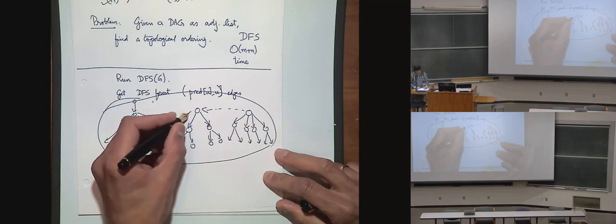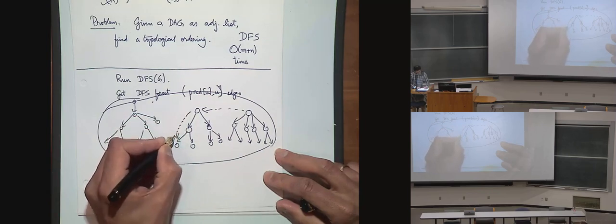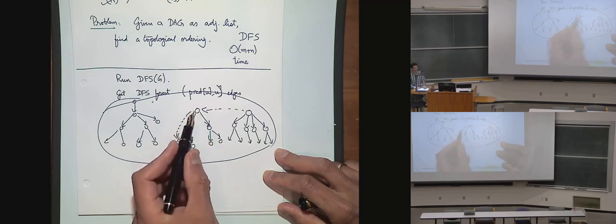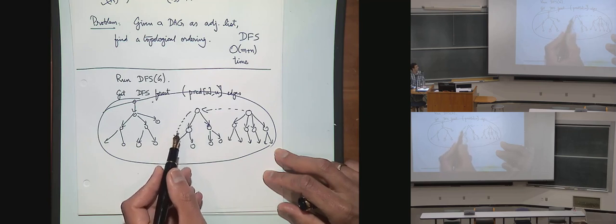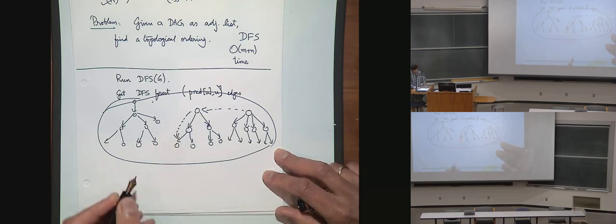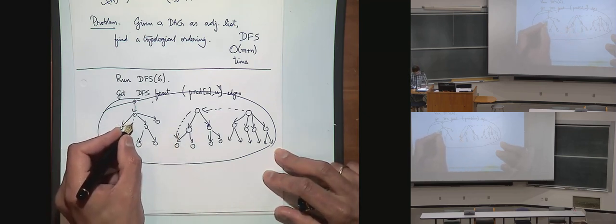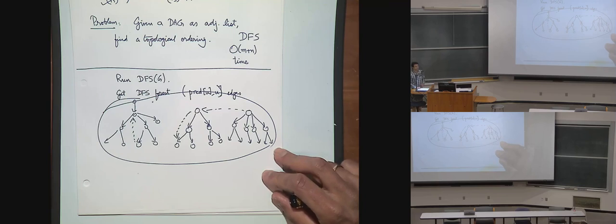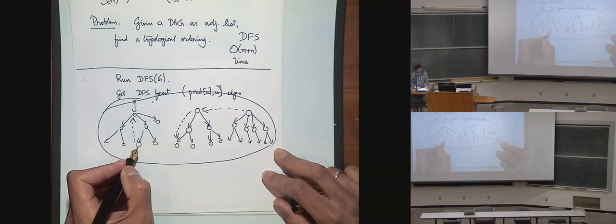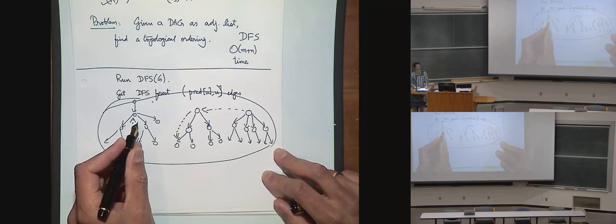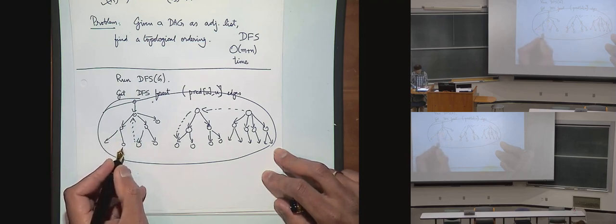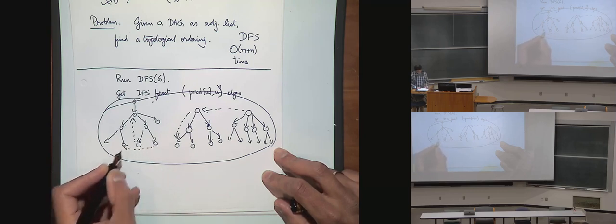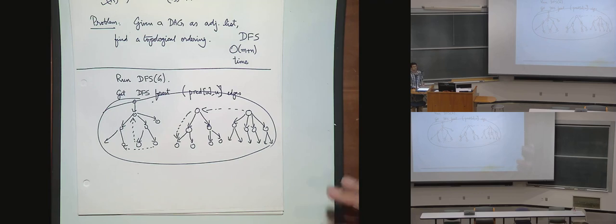You could also have an edge like that, which is within the same tree, going from a node to its descendant. And you could also have an edge like that, going from a descendant to an ancestor. Or you can also have edges that are just going across from that to that. So you could have all these possible.